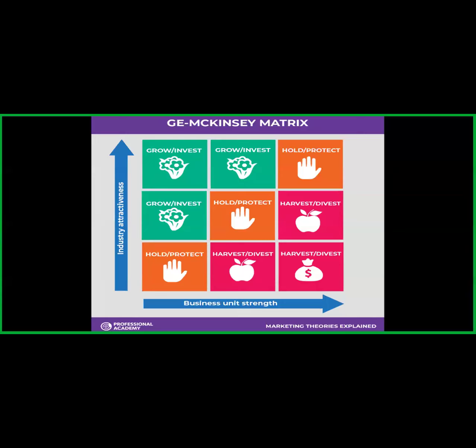So that will be a waste. That's the reason why in these three quadrants or three cells, it is written harvest and divest.